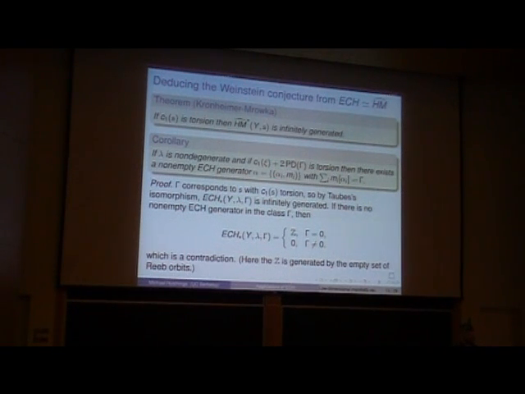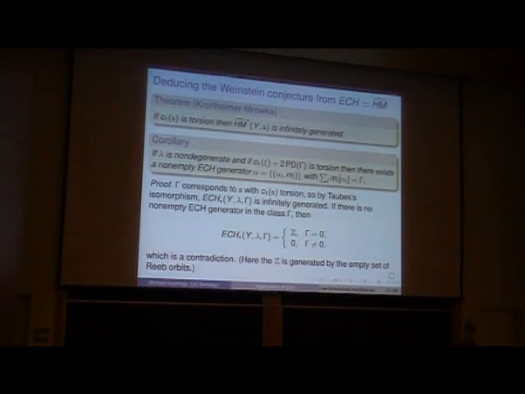So we have this isomorphism, and this theorem of Kronheimer-Mrowka, so embedded contact homology is infinitely generated. Now, if there were no Reeb orbits, then except when gamma equals 0, there's the empty set of Reeb orbits, and that's a generator. So then embedded contact homology would be Z. Either way, it would be infinitely generated, which is a contradiction, and so there has to be a non-empty ECH generator. So that's the view from 35,000 feet of Taubes's proof of the Weinstein conjecture.